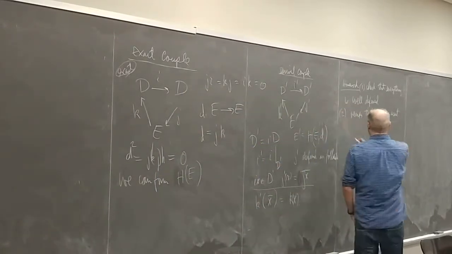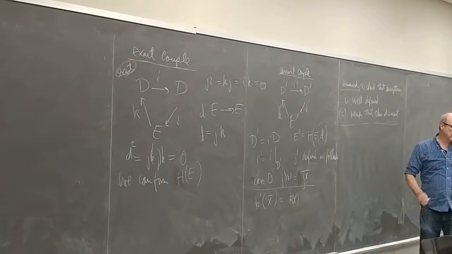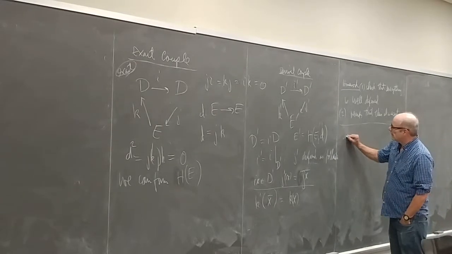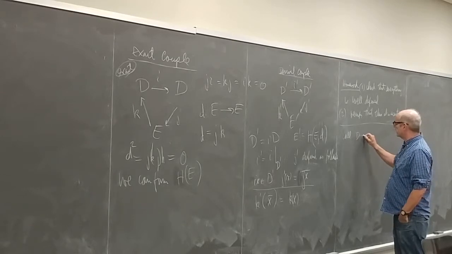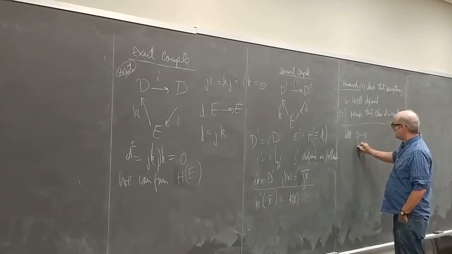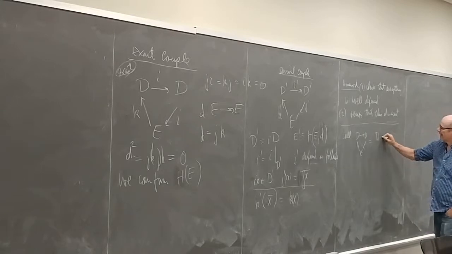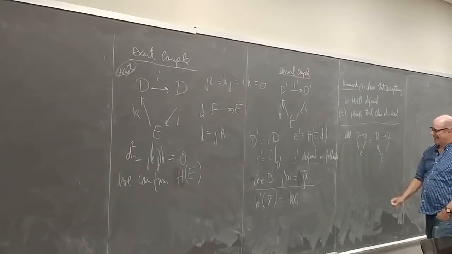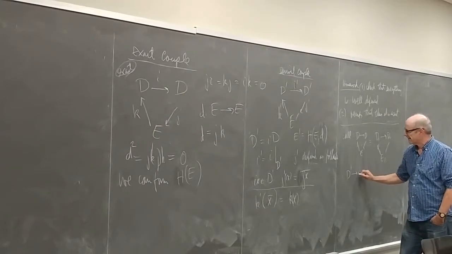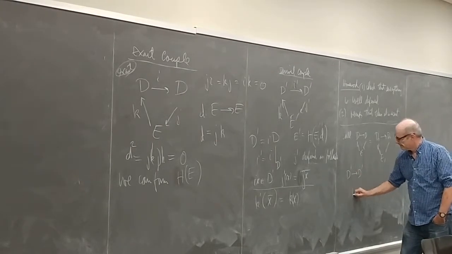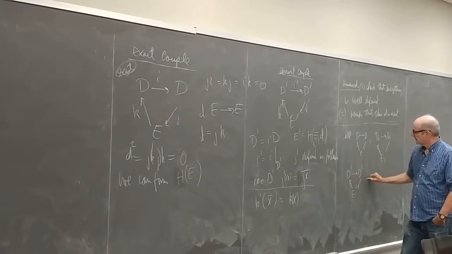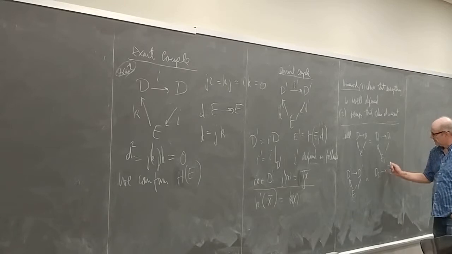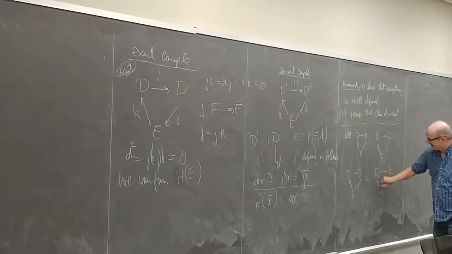Okay, so then we can just keep on going. Now just rinse and repeat. Let's call the original exact couple D1 and E1, and then let's call the derived couple D2 and E2, and so on.